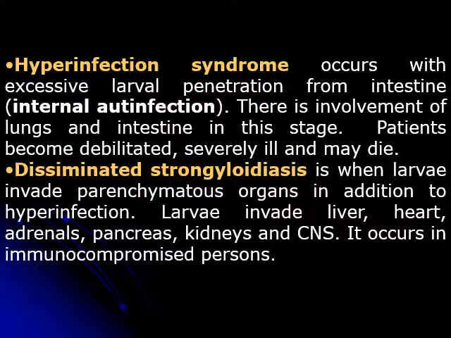In case of disseminated strongyloidiasis, this occurs in immunocompromised patients where the larvae invade parenchymatous organs in addition to hyperinfection. The larvae invade the liver, heart, adrenals, pancreas, kidney, and central nervous system, and it is a very serious condition.